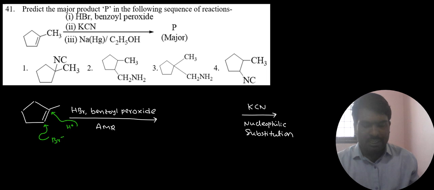So simply terminal alkyl bromides are formed. The negative part of the reagent is added to the more hydrogen-containing double bonded carbon, and the positive part is added to the less hydrogen-containing carbon.